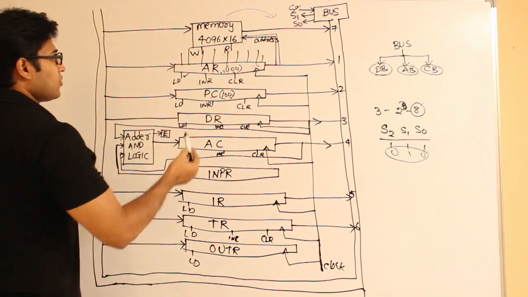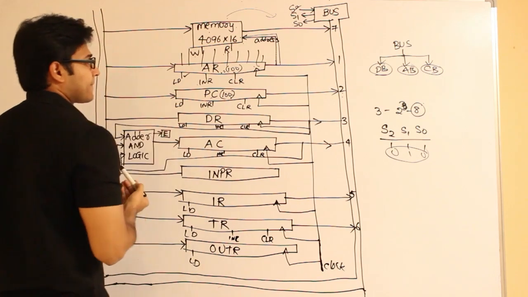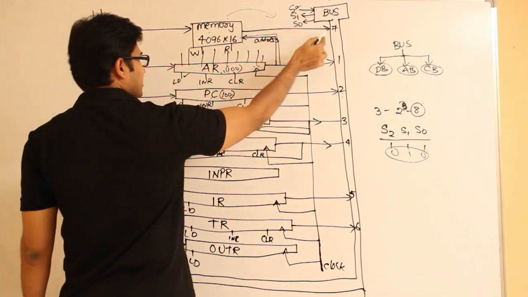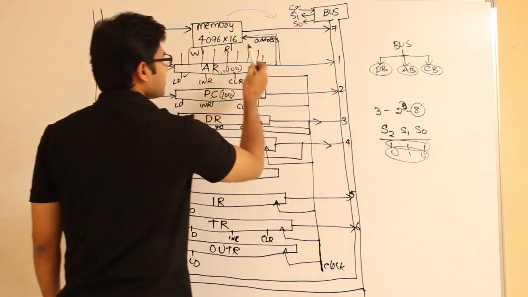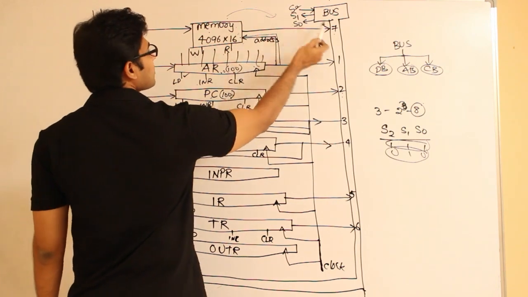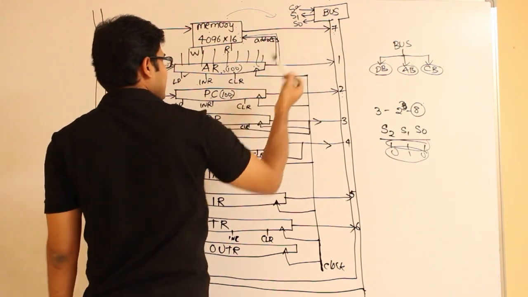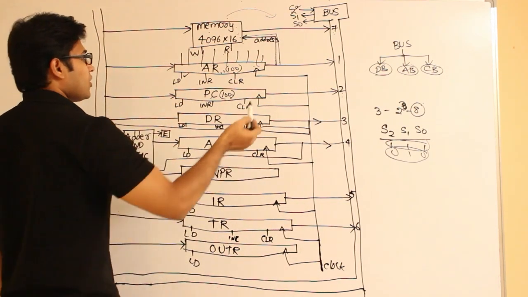Now we have to move that word from memory onto the bus. How can we do that? We have to just select 7, right? So here if you apply 111, whatever is present here will be transferred onto the bus. Got it? Now the bus is containing the instruction from the memory. Now where do you want to load it?